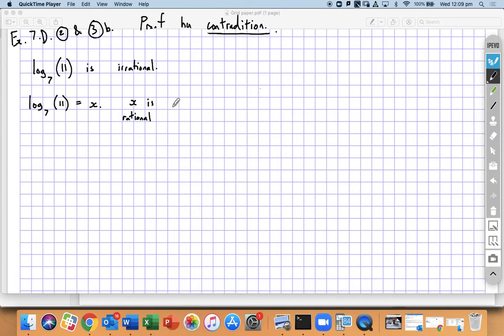So if x is rational, then x could be expressed as a fraction. We do need to take the time to be very clear on what we mean here. So p and q need to be integers, belonging to the set of integers. They cannot equal 0.